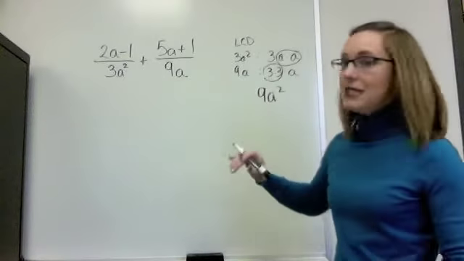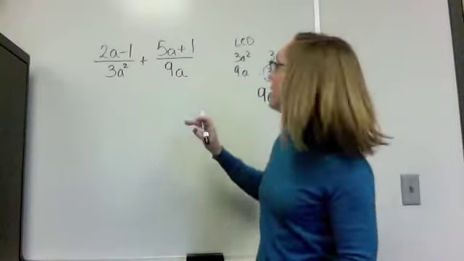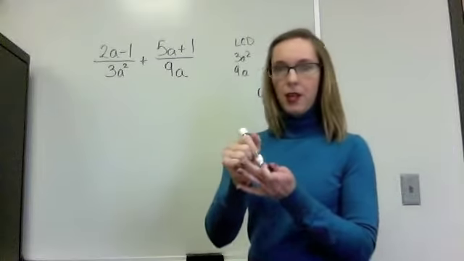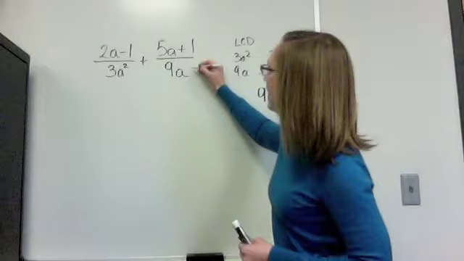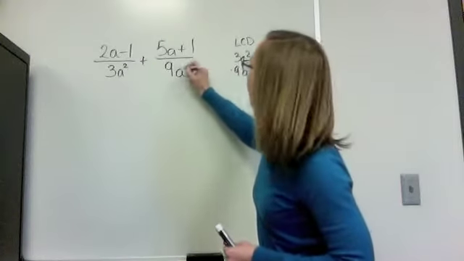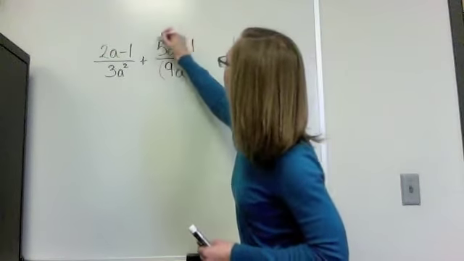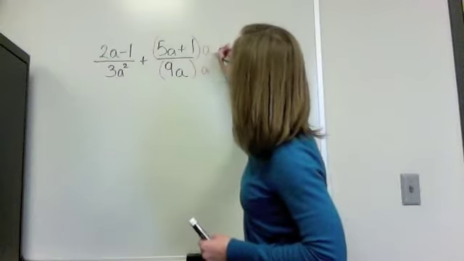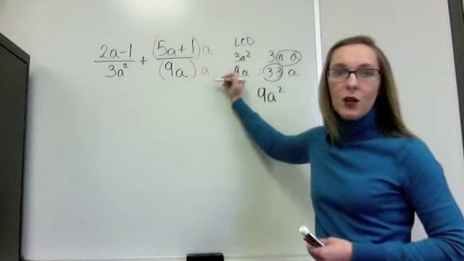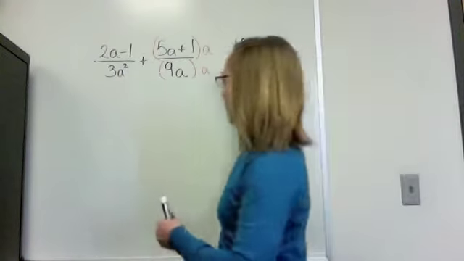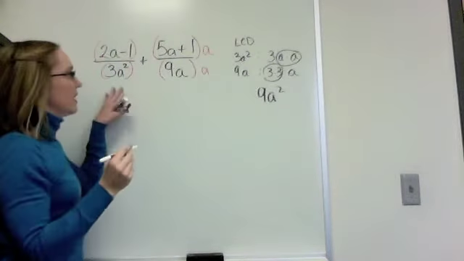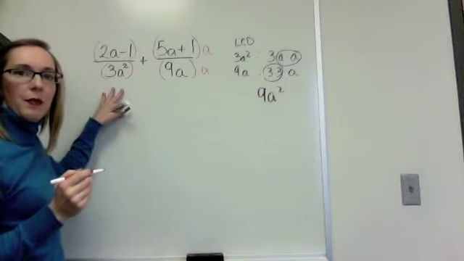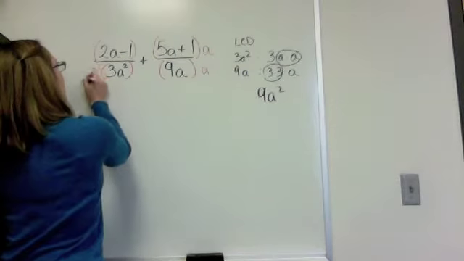So my least common denominator is going to be 9a squared, which means this needs another a. So I'm going to multiply all this by a over a. A over a equals 1, so I'm not changing the value. Over here, if I need 9a squared, I'm going to multiply both of these by 3.